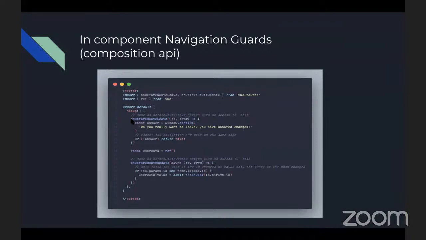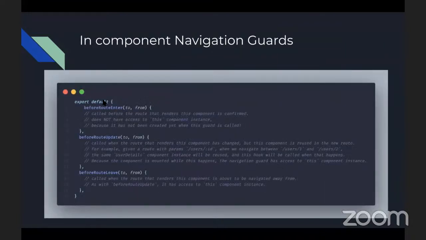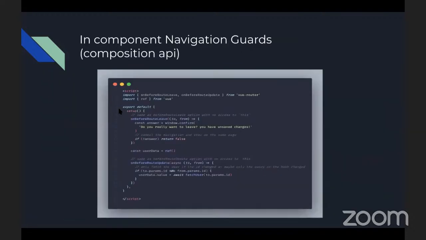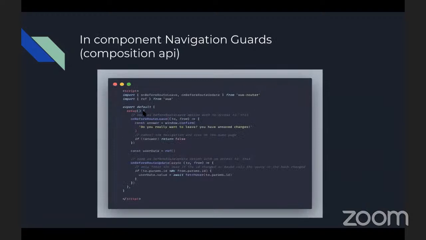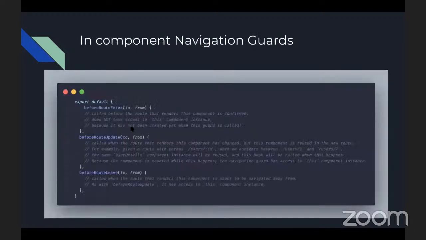Instead of having a property or a field in the default exported object, like beforeRouteEnter, you have a hook called onBeforeRouteLeave, which does the same thing as this here. The only thing that changed is that we are giving you access to hooks to use instead of having to put them directly on the component instance.